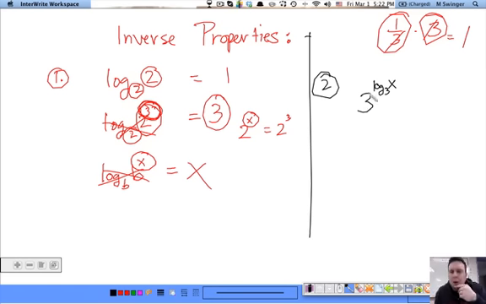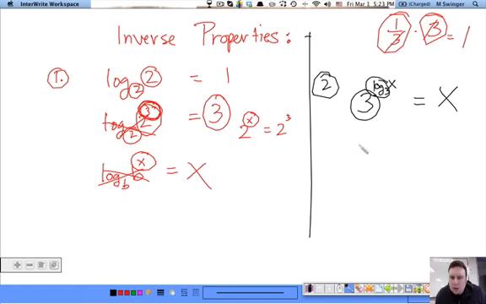These two are inverse functions. So this and this cancel out, and you're left with x. 3 to the log 3 cancels out.